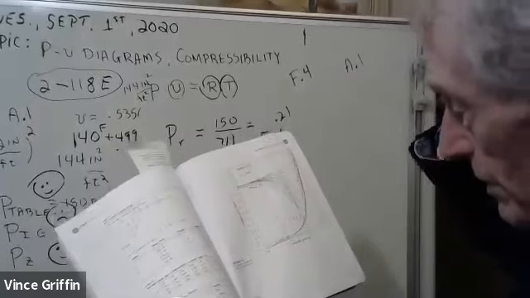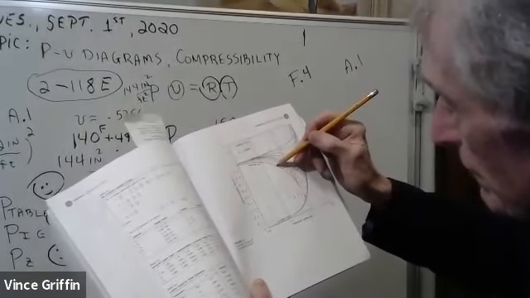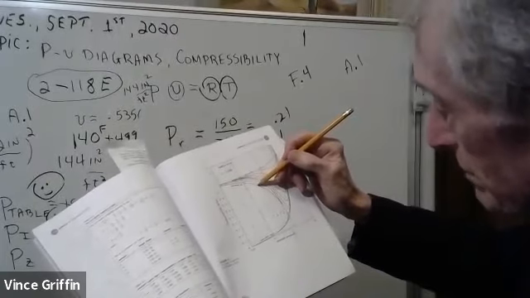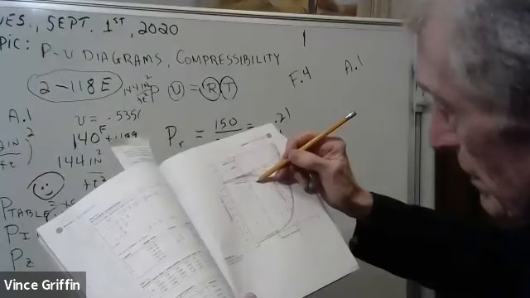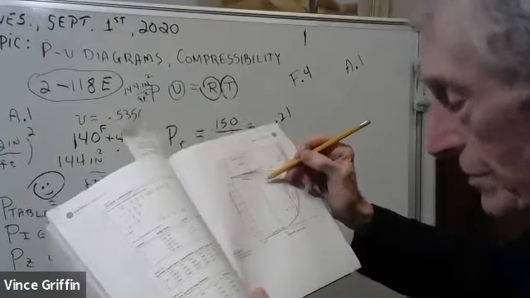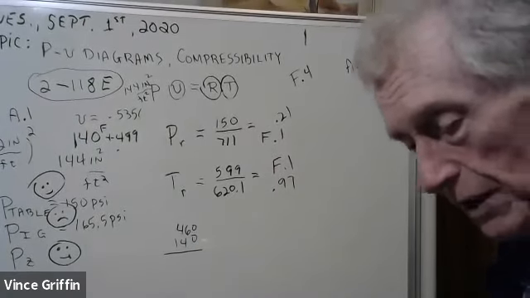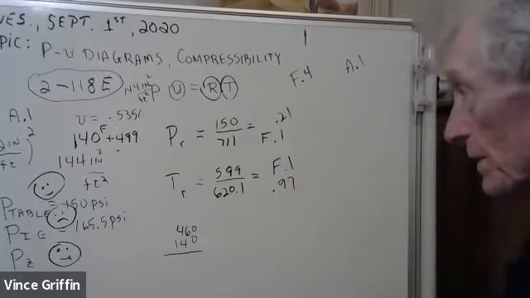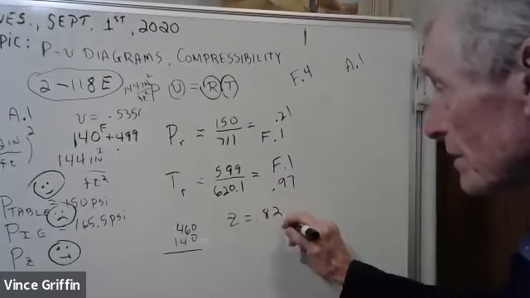Let me show you where I think it is. It's just on this side of 1, and you want 0.21. I'm getting about 0.82. I wish I had a little more time with you, but I'm getting Z is 0.82.